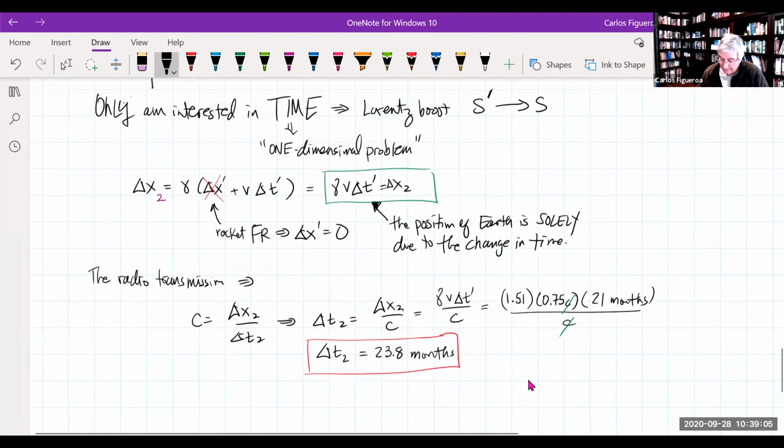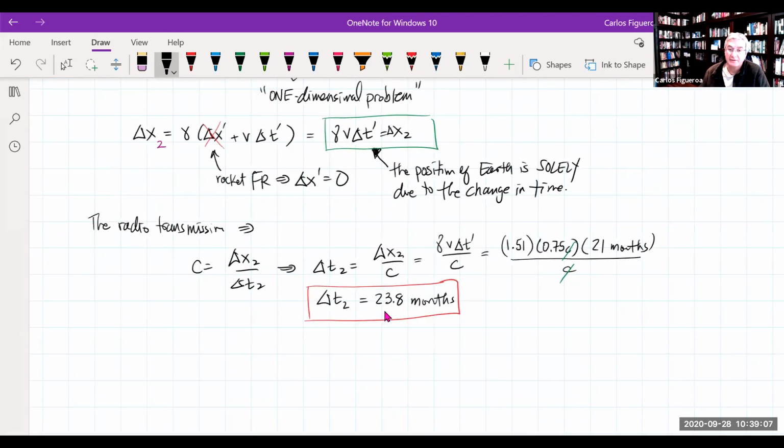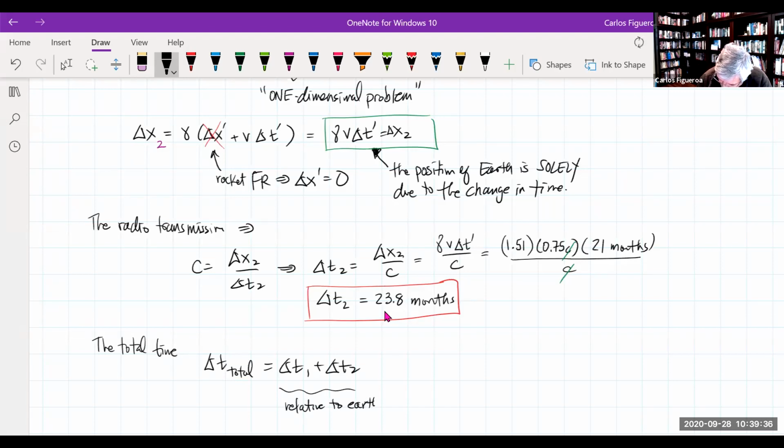So that means if I have that time period now, then the total time is the combination of these two things, and these are all relative to Earth, right? These are all relative to Earth.